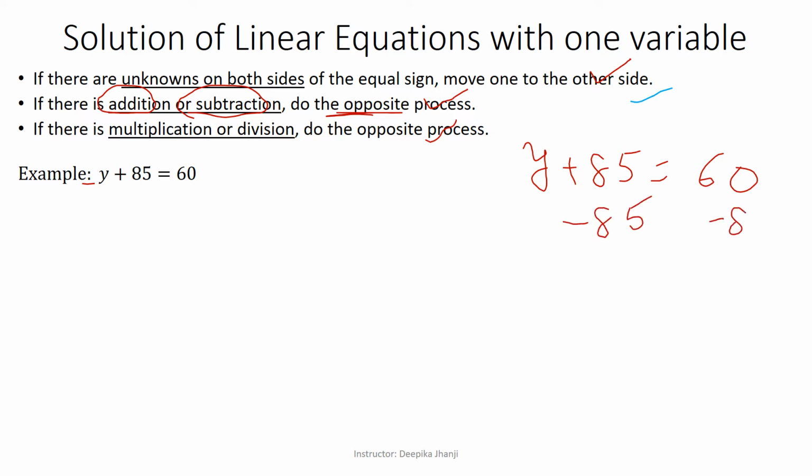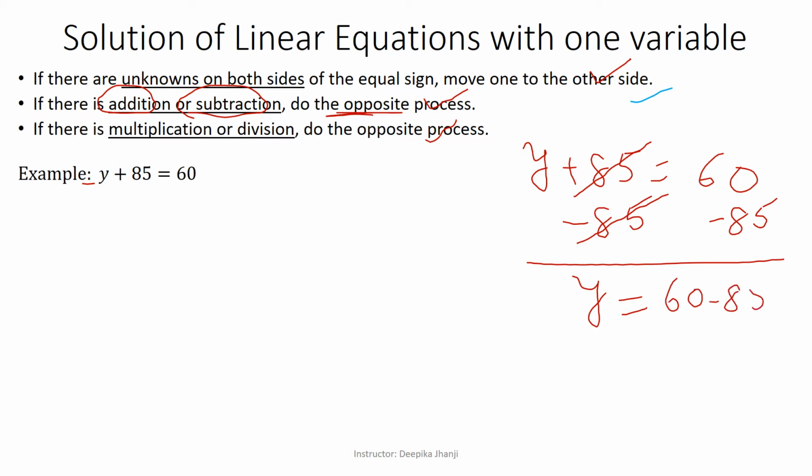So I'll subtract 85 from both sides, right? Positive 85 cancels with negative 85. So my answer is y is equal to 60 minus 85 and that gives me negative 25, right? So the solution of this equation is negative 25.